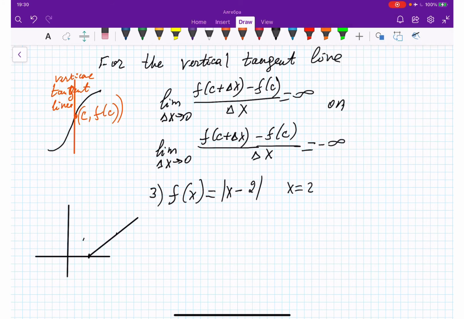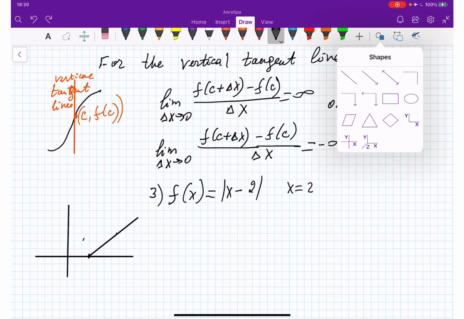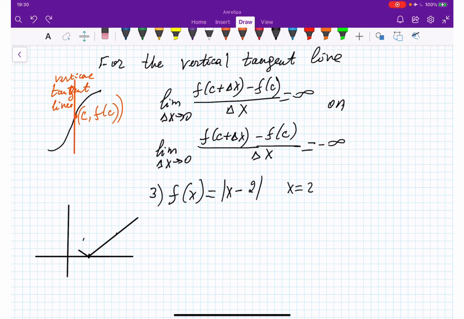And symmetrically, well, not bad. Okay, so this is the absolute value x minus 2 graph. Okay, and look, here m is going to be positive, here m is going to be negative, right? Let's see how much we get.